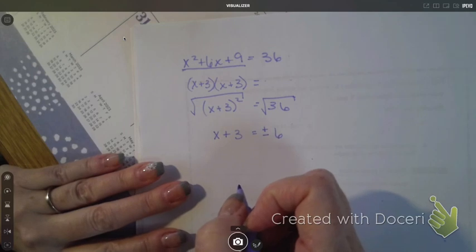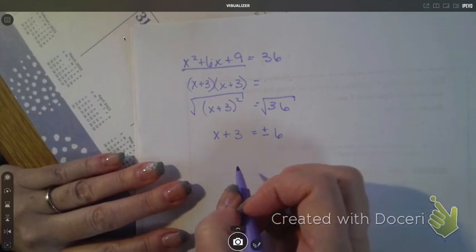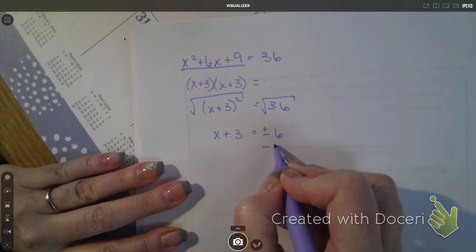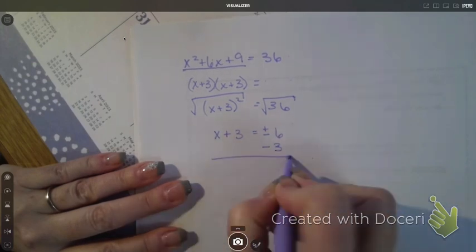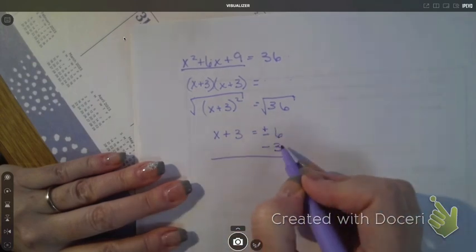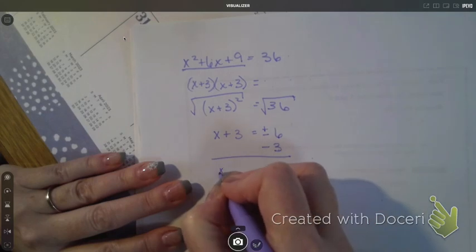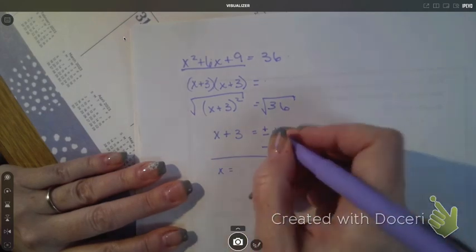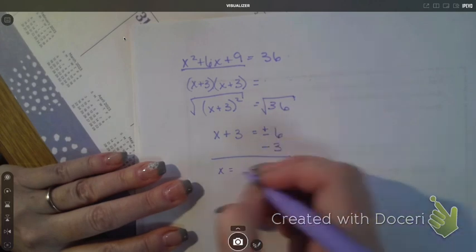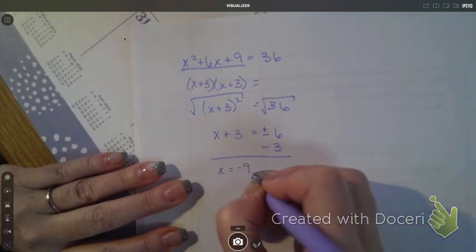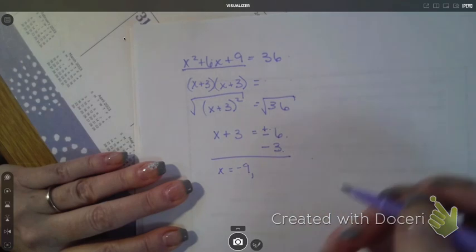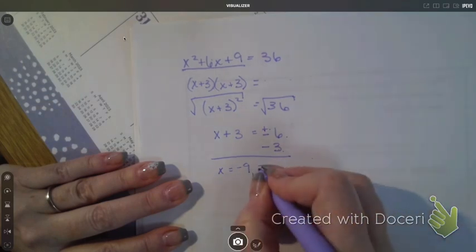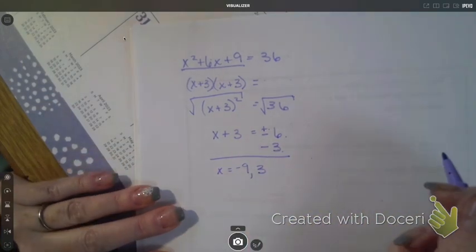What do I do now? Subtract 3. So I have positive 6 minus 3, I get what? Negative 9. Well, he did negative 6 minus 3, you get negative 9. But now positive 6 minus 3, what is it? 3. So you get negative 9 and 3.